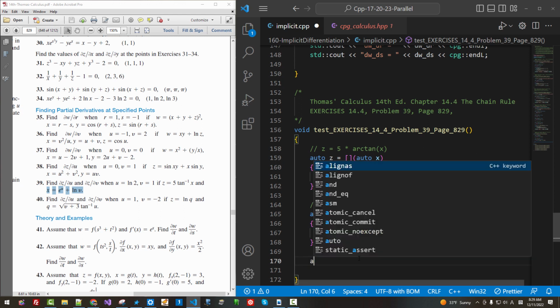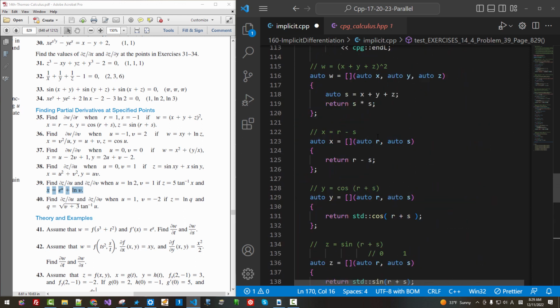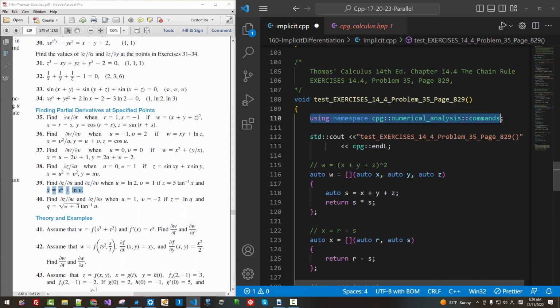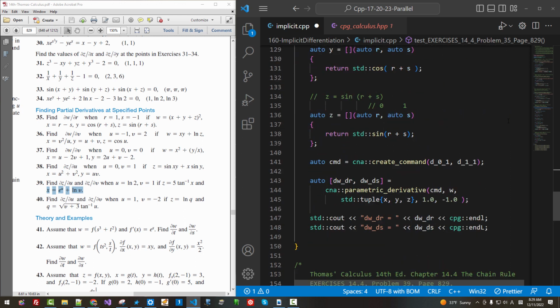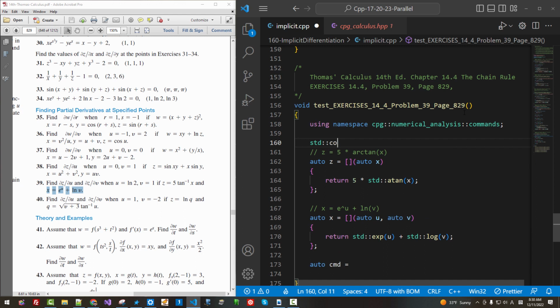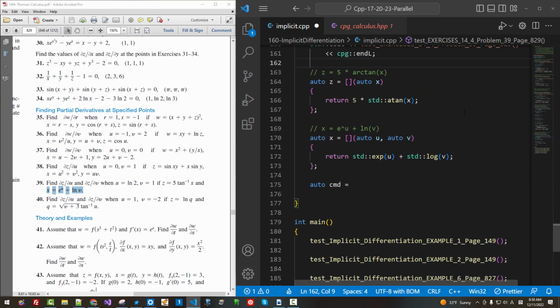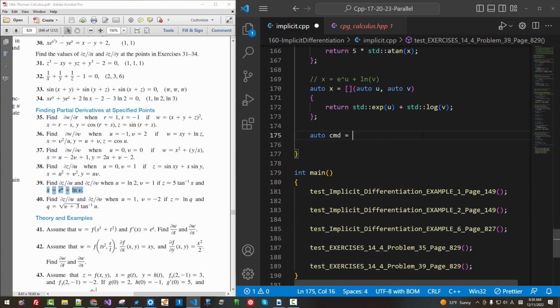Now we create the auto command. Sorry, I forgot to introduce the namespace. Paste it here. std::cout, copy this function name, paste it here, cpz::L. Now we need to create the command.